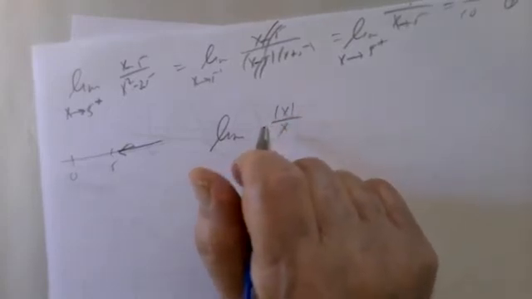What about the limit of the absolute value of x divided by x as x goes to 0 from the left, minus sign? Now, remember the absolute value of x is equal to x if x is greater than or equal to 0, and minus x if x is negative.